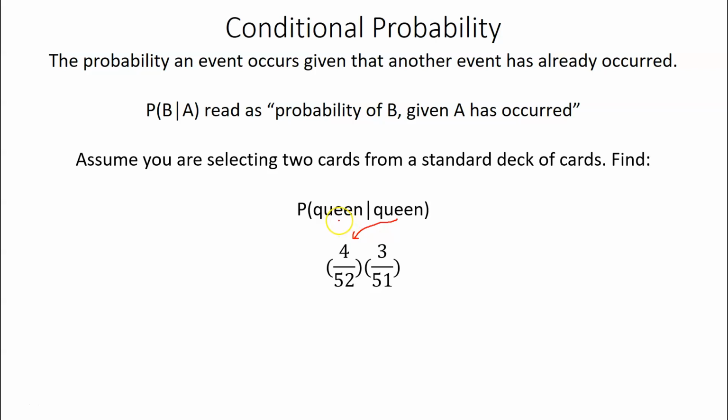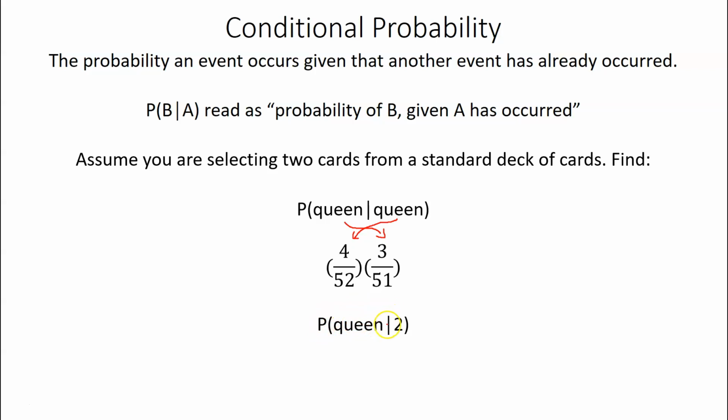We've got a dependent situation. Since 1 queen has already been selected, and we know what happened, there's only, of the 4, 3 queens left. And of the 52, there's only 51 cards left. So this one actually refers to that particular fraction right there. And that's how you would calculate that.